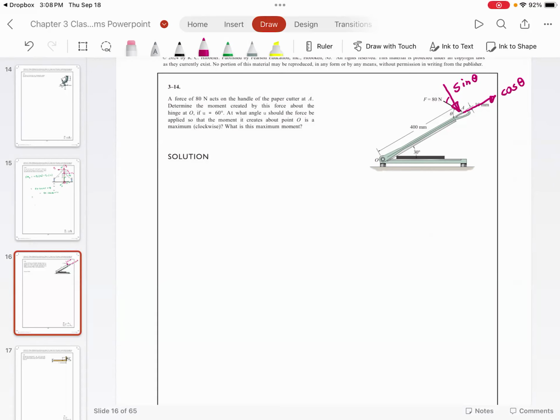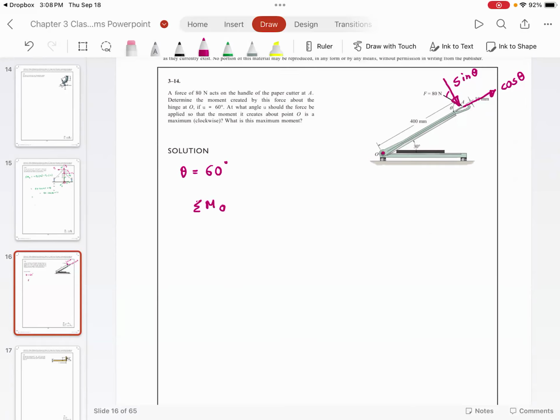And what you need to do is set up the moment equation about O. So you have to find the moment about O. So if your theta value is 60 degrees, then your summation of moment about O, with x, y, and z, curl your fingers in the direction of moment.